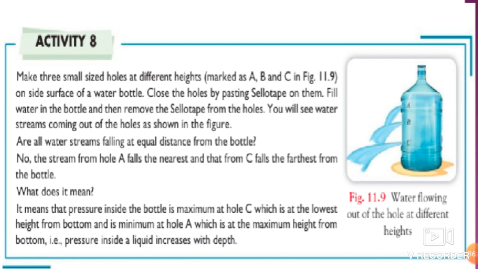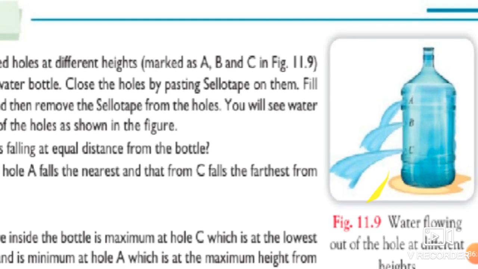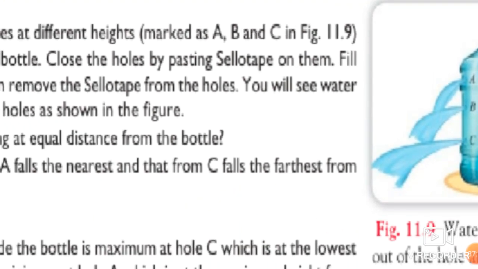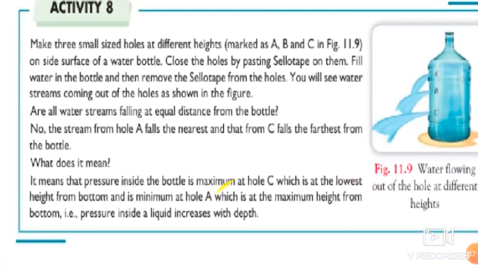see students, the water coming from the A hole, the level of water over here, and the distance the water stream goes, see students, in case of A it is very less, in case of B it is a little bit more, and in case of C the stream goes farthest.